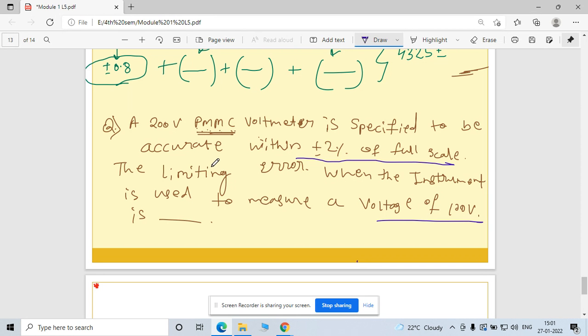In the earlier case you used 200 volt, but in the second case you need to find the limiting error for your 100 volt reading. I already took such a problem in previous classes, and we also saw the relation between guaranteed accuracy error and limiting error. By using those two concepts you can find this.